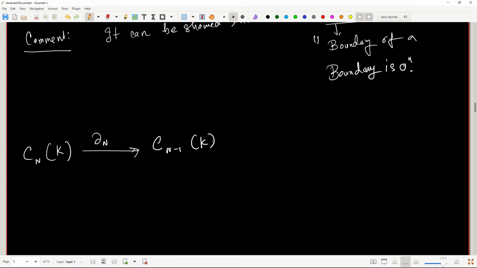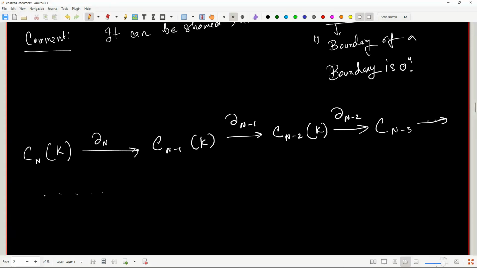And then I want to find the boundary of the n minus 1 chains. So what do I have to do? I have to apply the boundary operator again. I have C of n minus 2, and then I apply del n minus 2 again. I have what? C of n minus 3, and so on.